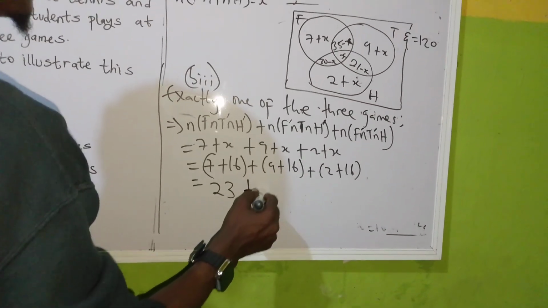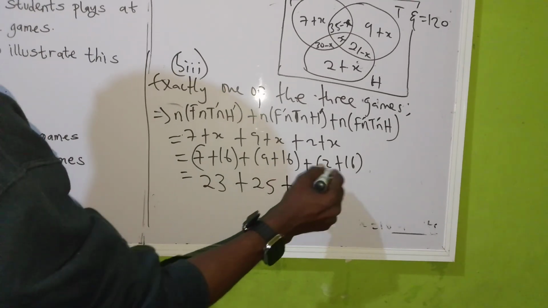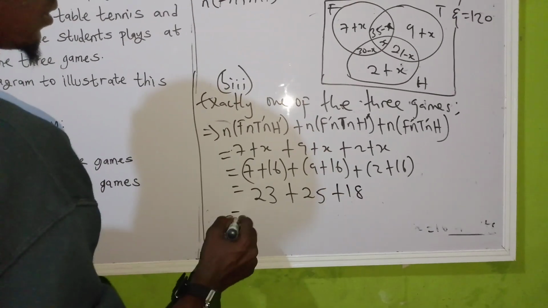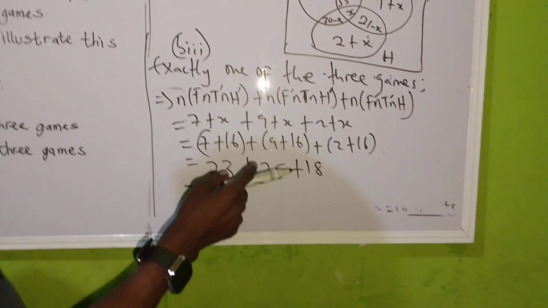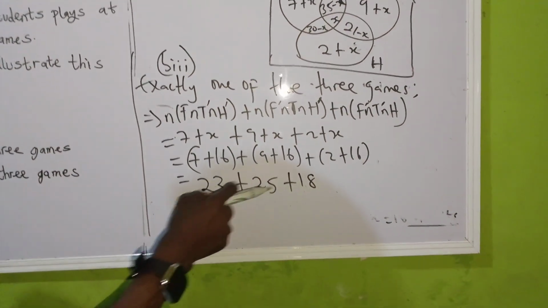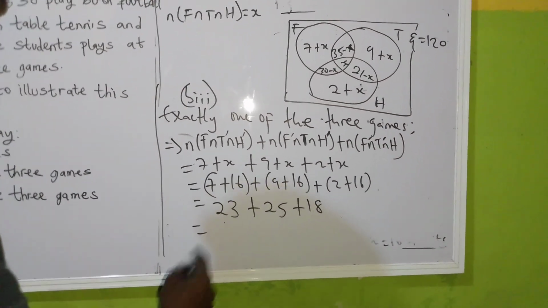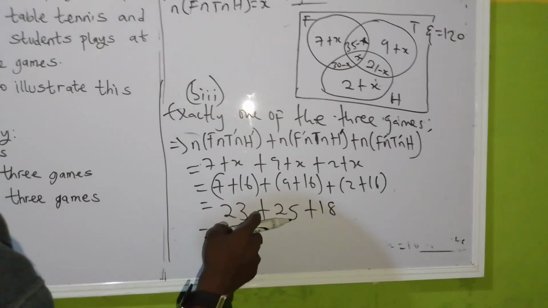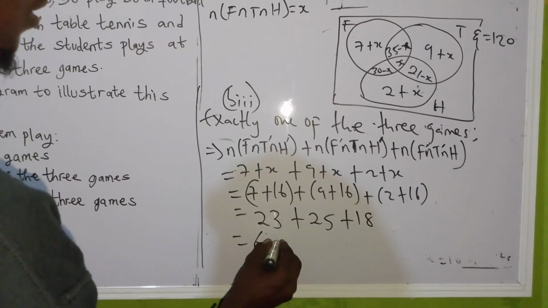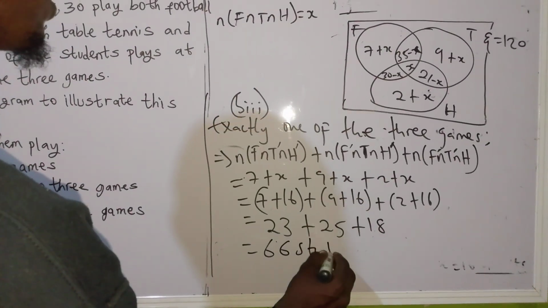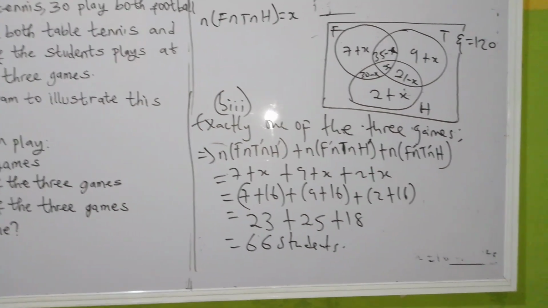Plus this one is 25, plus this one is 18. So now this one is 66, if I'm correct. 66 students are correct for this.